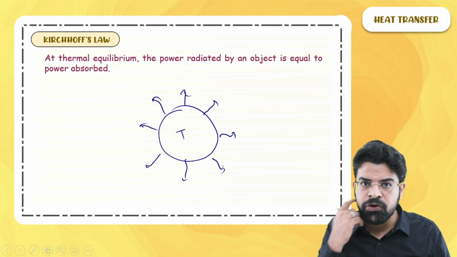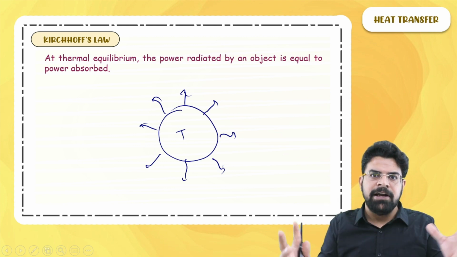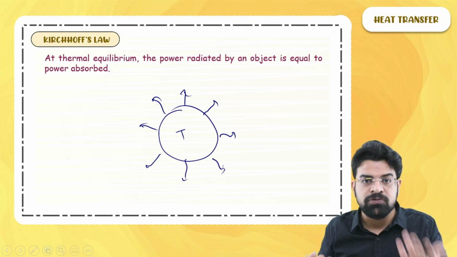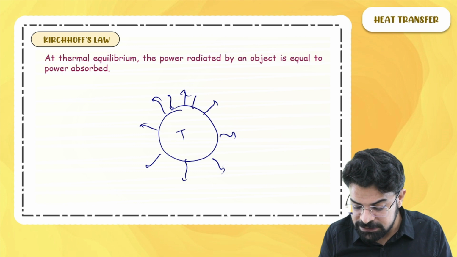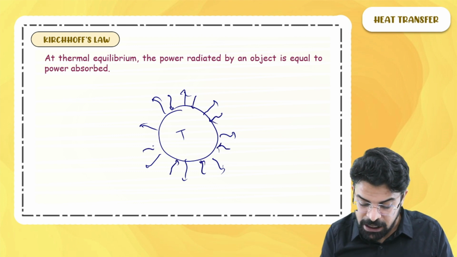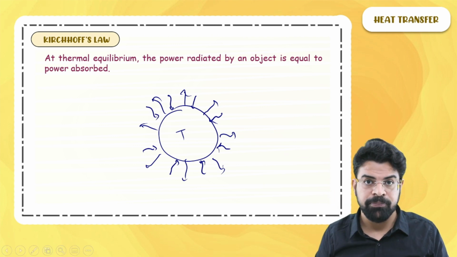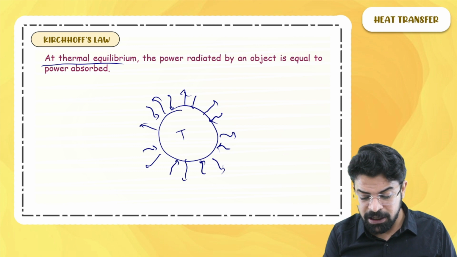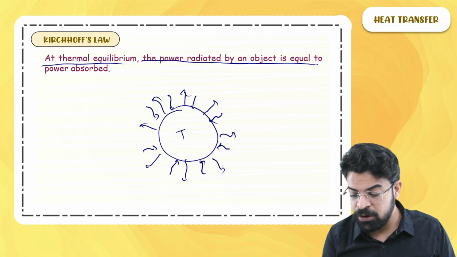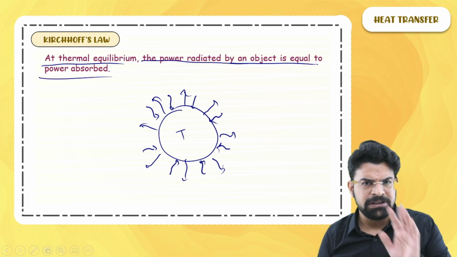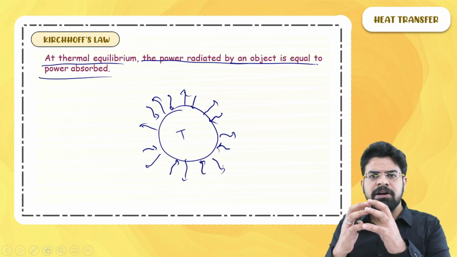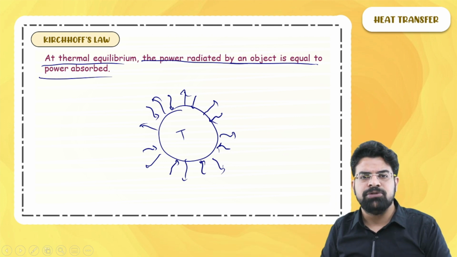The things in your surroundings are constantly radiating, but their temperature does not change. Why? Because they absorb the same amount of energy from the surroundings as they radiate, and that's why they maintain thermal equilibrium. So at thermal equilibrium, the power radiated by an object is equal to the power absorbed. Once the temperature becomes constant, the power radiated has to be equal to the power absorbed.